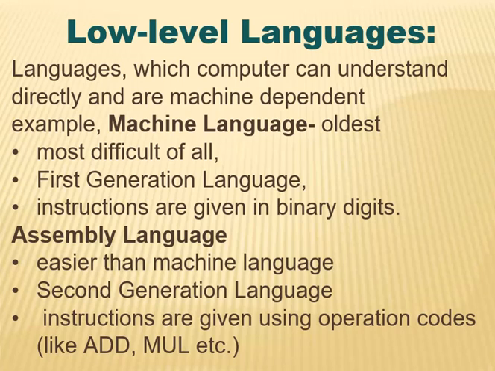In assembly language, instructions are given using mnemonic operation codes. For addition you just write ADD, for multiplication you just write MUL, for subtraction you just write SUB. Even many times when we are calculating, we just write add, SUB and all.